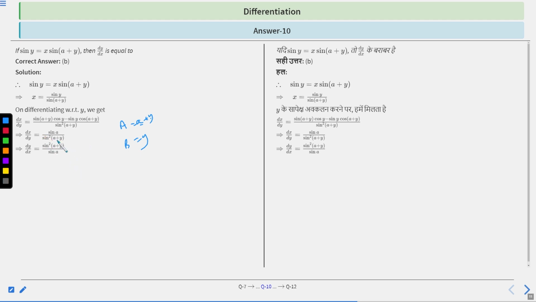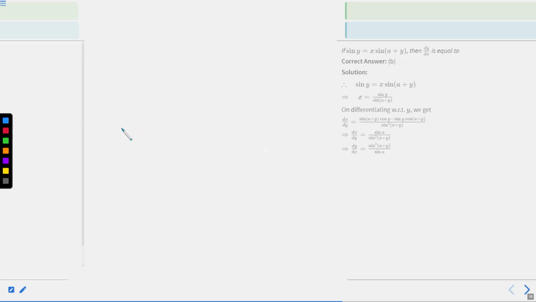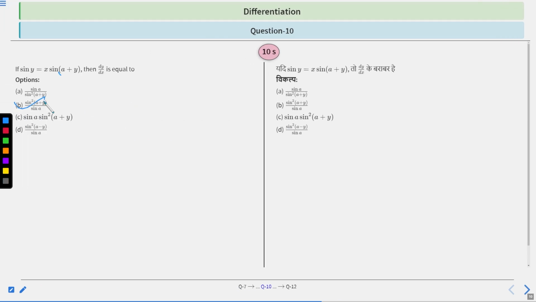So dx by dy can be written as sin a upon sin square a plus y. So dy by dx, by taking the reciprocal on both sides, is basically sin square a plus y upon sin a. Clear? So I think option B is the right choice. Okay, B is the right choice.